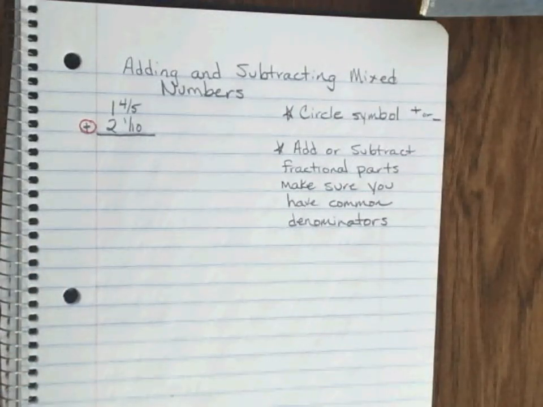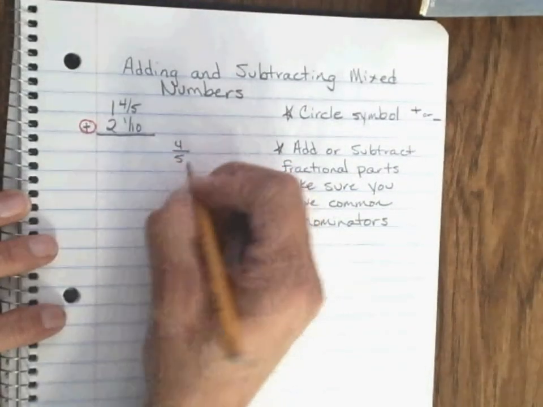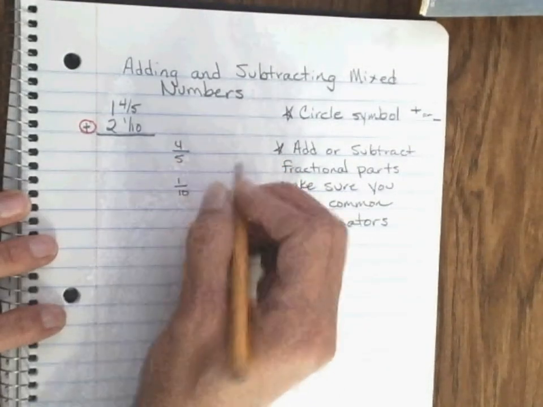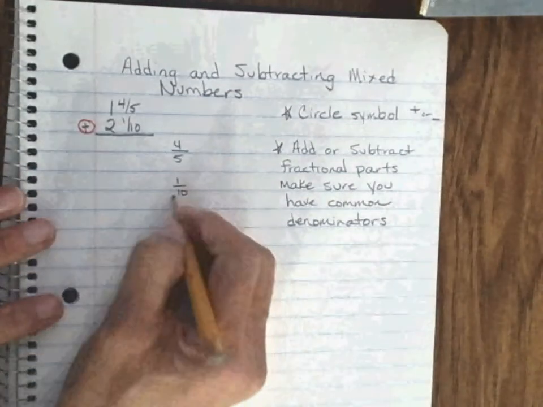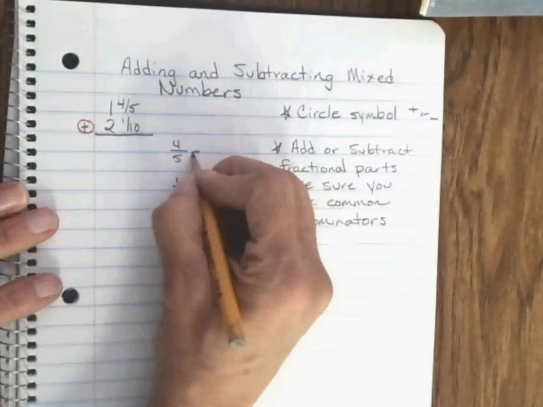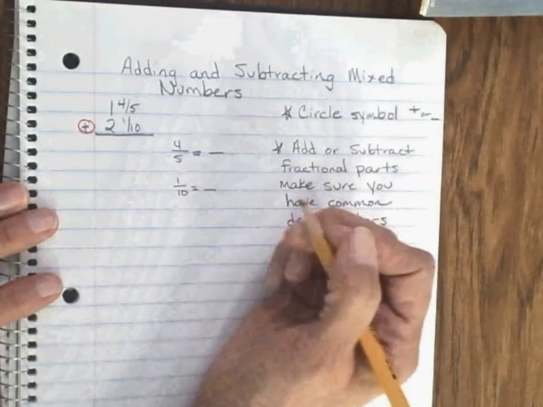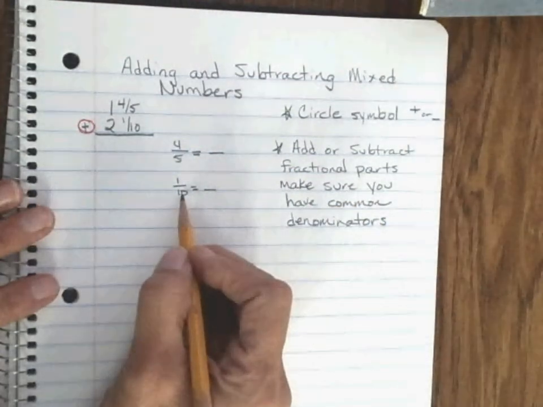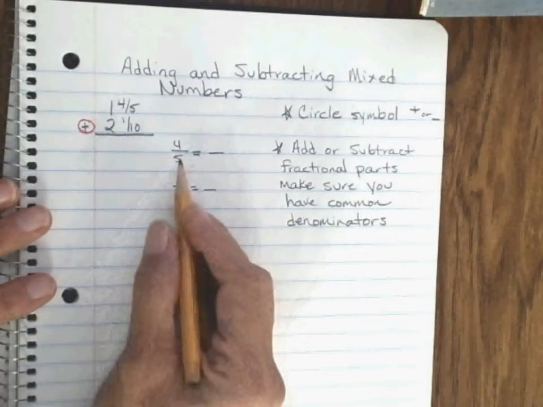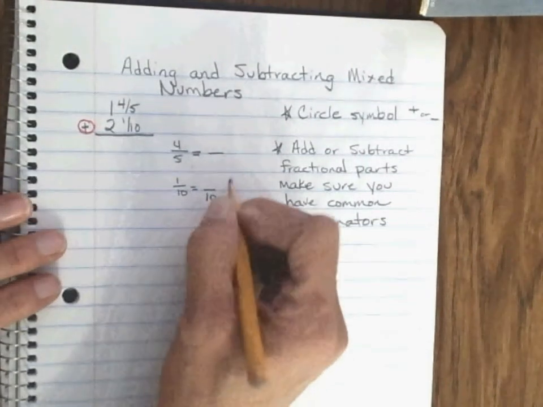So over here I have 4/5 plus 1/10. Now I don't have common denominators, right? So I'm going to have to make common denominators and create equivalent fractions. I know that 10 is my lowest common multiple between 5 and 10. So my new denominator is 10.